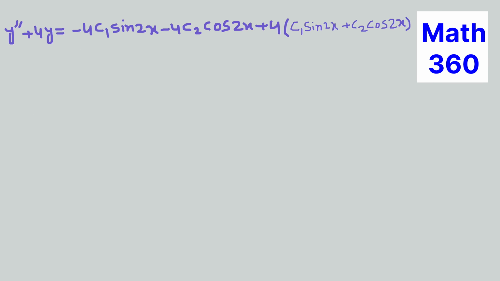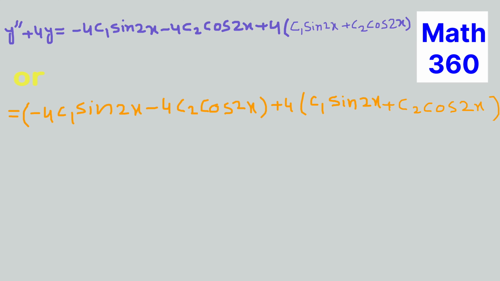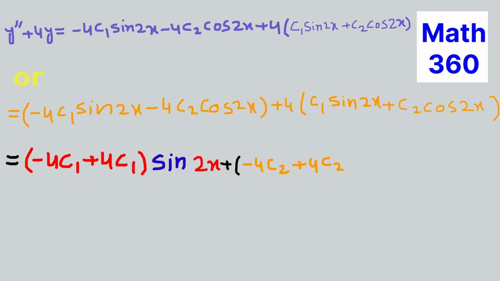Hence y double prime plus 4y is equal to minus 4c1 sine 2x minus 4c2 cos 2x plus 4 times (c1 sine 2x plus c2 cos 2x), which is equal to (minus 4c1 plus 4c1) sine 2x plus (minus 4c2 plus 4c2) cos 2x, which is equal to 0. Thus y is equal to c1 sine 2x plus c2 cos 2x satisfies the differential equation y double prime plus 4y is equal to 0.